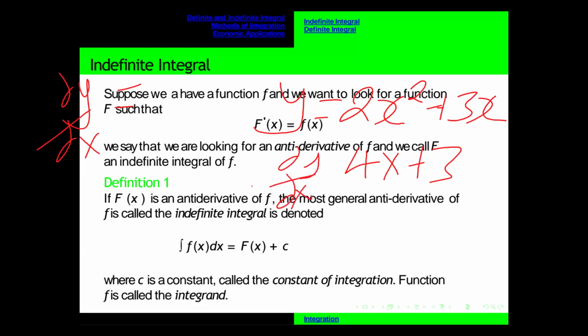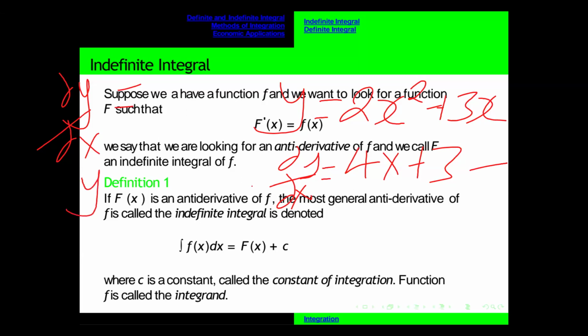Now, what we mean by antiderivative is that you have to reverse this derivative back to the original function. That is to say, you have to integrate this function so that it gets back to its origin.